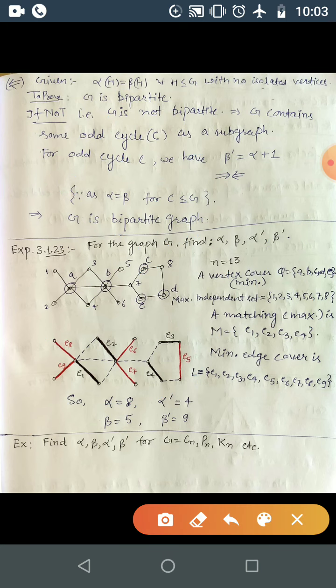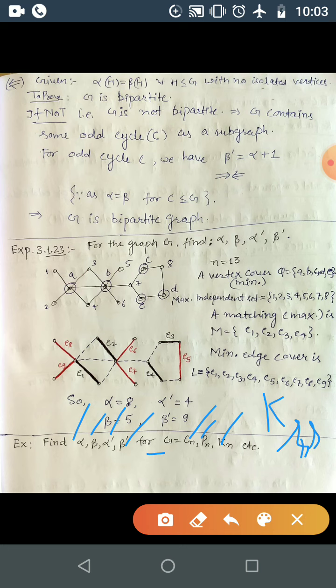Now it's your exercise that you need to find alpha, beta, alpha dash, beta dash for well-known graphs, that is G is equal to Cn, Pn, Kn, or you can also take this as K_{r,s}, K_{m,n}, a complete bipartite graph with first partite set having cardinality r and another partite set having cardinality s.